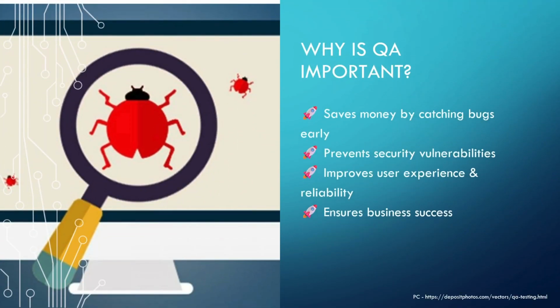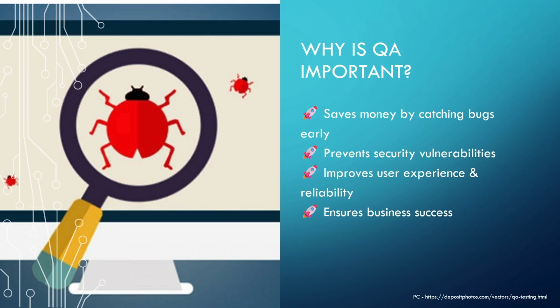Next comes, why are they so important? Without QA, companies risk losing money, reputation, and users. Why? Because what if you don't find the bugs and they get to the end user? Then the user won't be using your product anymore, right? So what happens? Imagine banking applications failing or an e-commerce website crashing during sales.